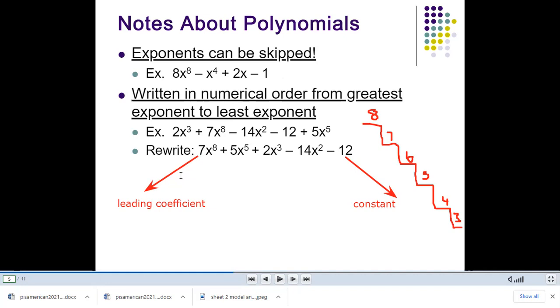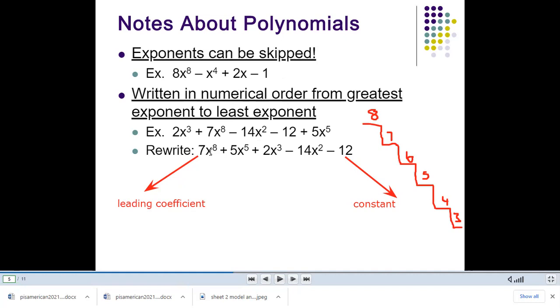And what do we call the first coefficient? This one is called the leading coefficient. And what is the leading coefficient, grade 8?